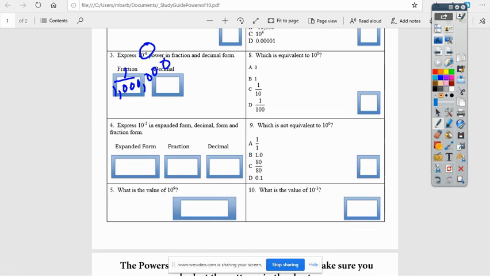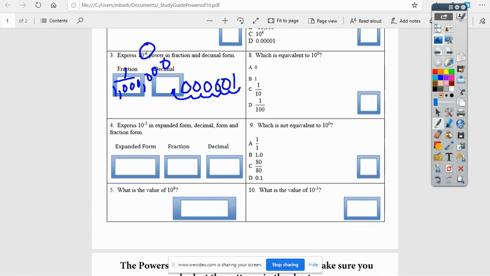There you go. As a decimal, you're just putting a decimal and going to the right 6 times. Let me see if I did that right. 1, 2, 3, 4, 5, 6. That is correct: 0.000001. So you have 5 zeros.